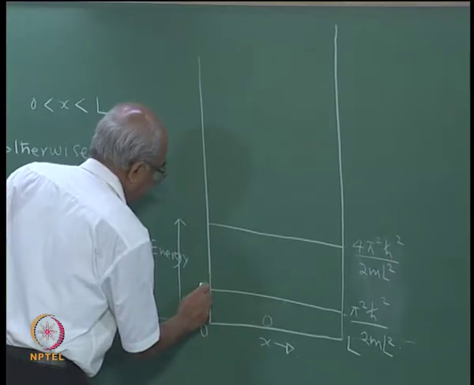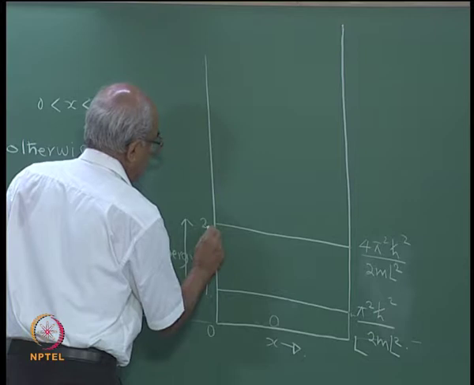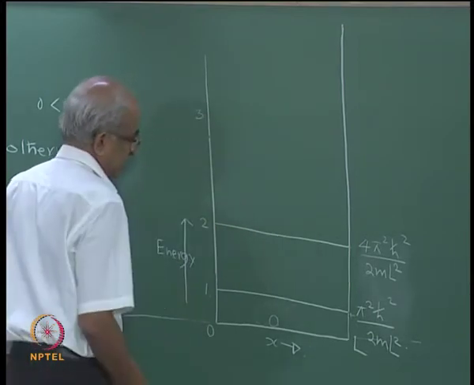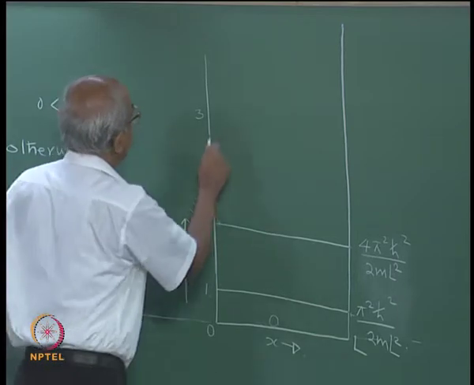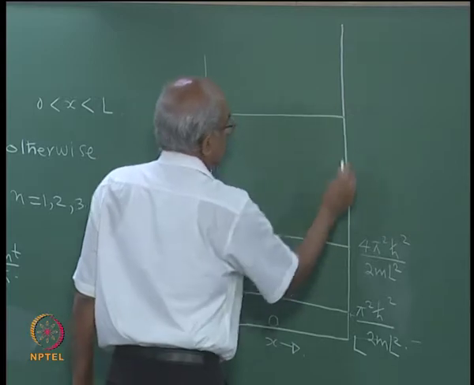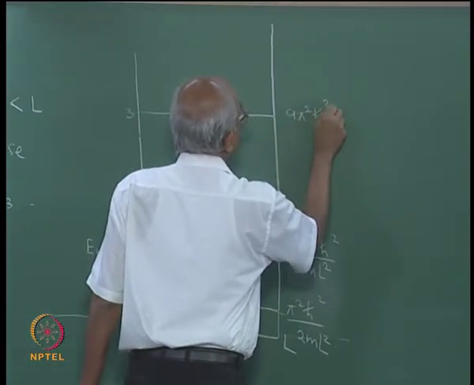Let me write the value of n here: this is n equal to 1, this is n equal to 2, and then you will have n equal to 3 somewhere here. Notice the way I draw this picture. This is the next allowed energy level, its value will be 9π²ħ²/2mL².